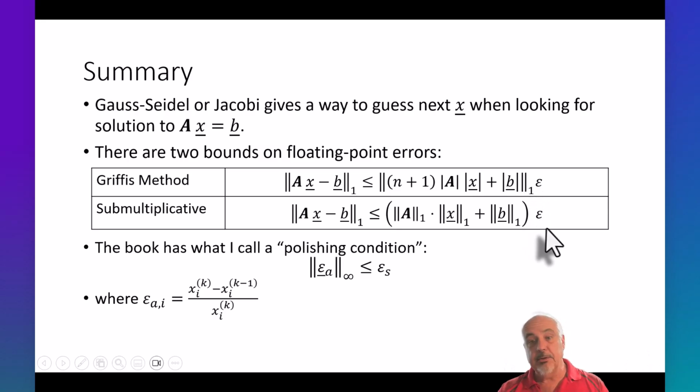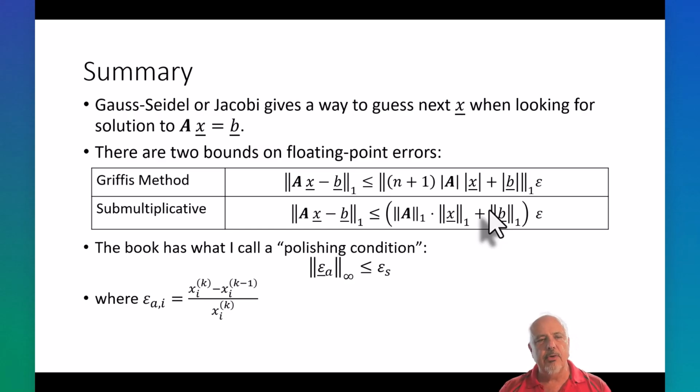And then the submultiplicative bound is actually simpler, quite frankly, to calculate. You do the one norm of the matrix, which is a scalar. You do the one norm of the x, which is a scalar, and multiply those two together. You add in the one norm of the b vector, and you take that and multiply by machine epsilon.